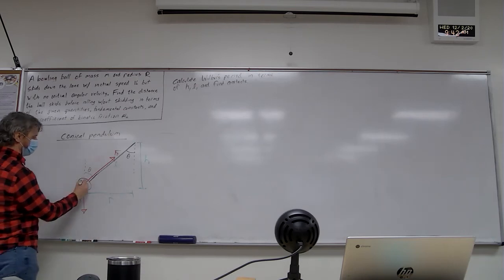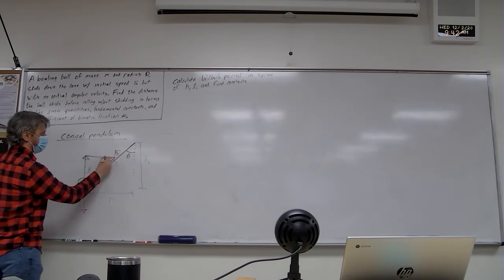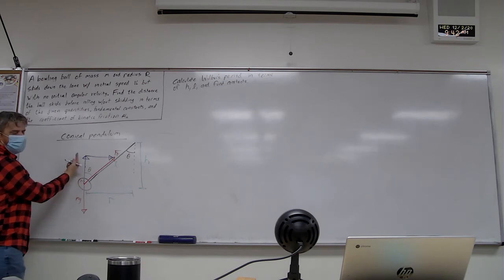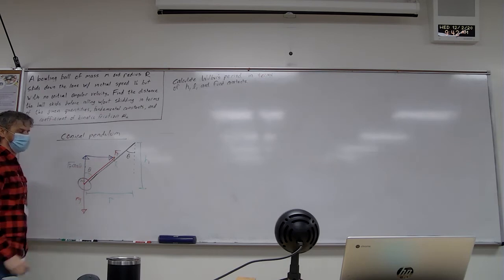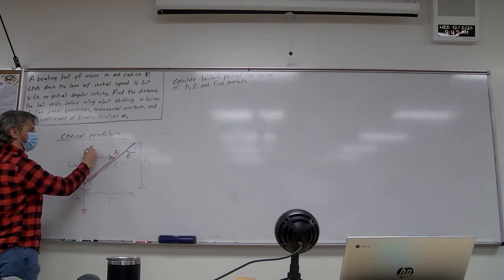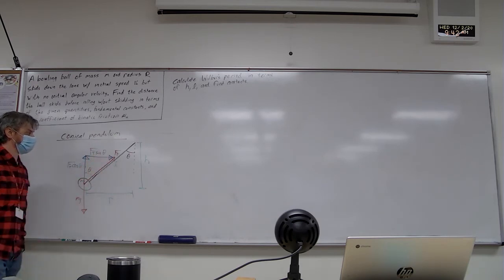So I'll write the upward tension force and the horizontal tension force. Notice that the upward tension force, the vertical component of the tension force, is the cosine component. It's the adjacent side. The horizontal one is the sine component. It's the opposite side.